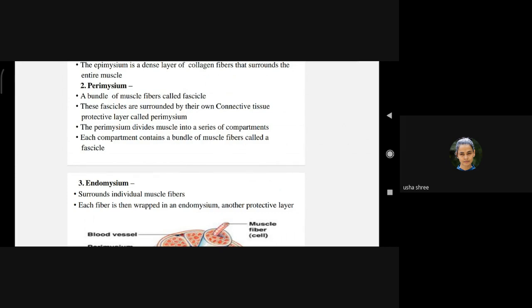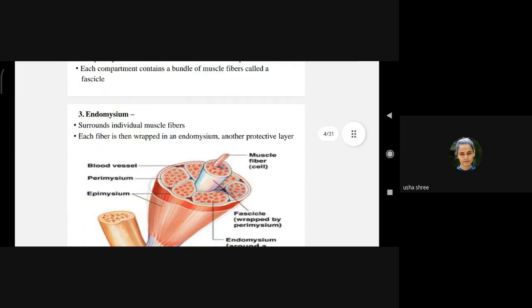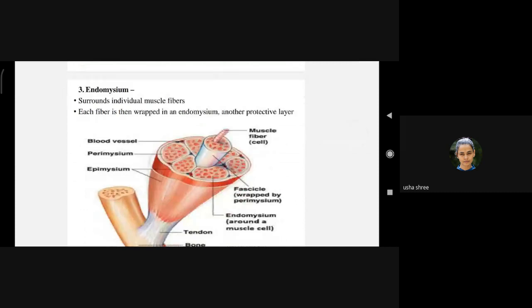The perimysium divides muscle into a series of compartments. Each compartment contains a bundle of muscle fiber called fascicle. So you can see here single muscle fiber, then single muscle fiber is bound to fascicle, and then group of fascicle is muscle.